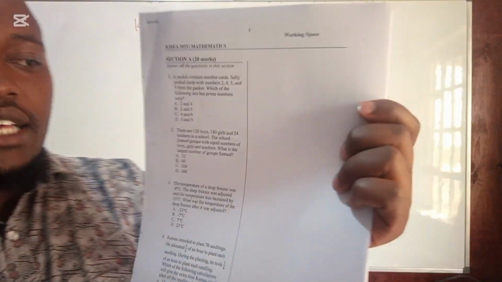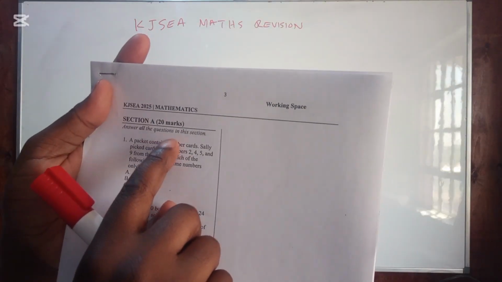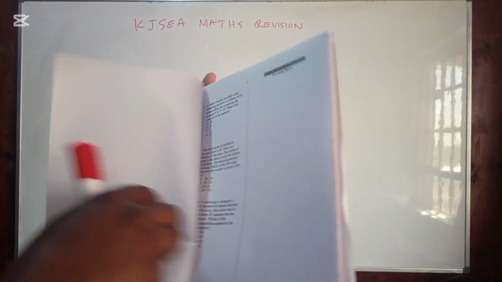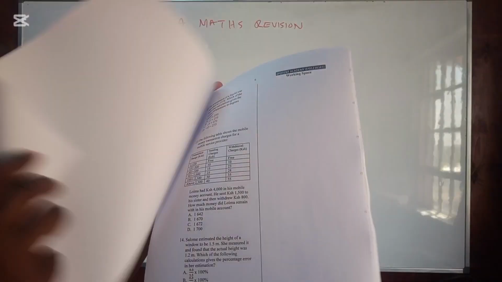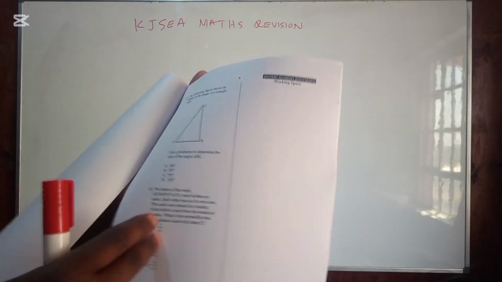This paper has section A. This is the paper that was done last year by grade 9 students. Section A is written 20 marks, and if you go through it, you'll see all the questions have multiple choice answers up to question 20.